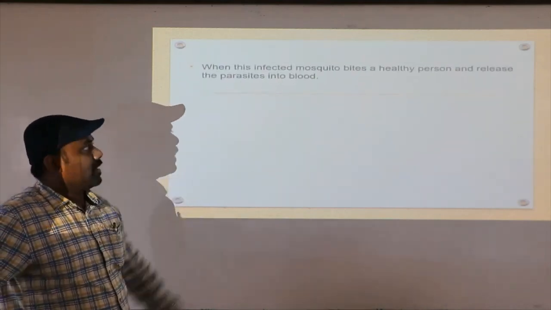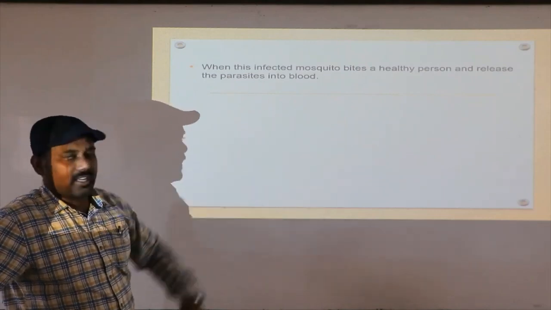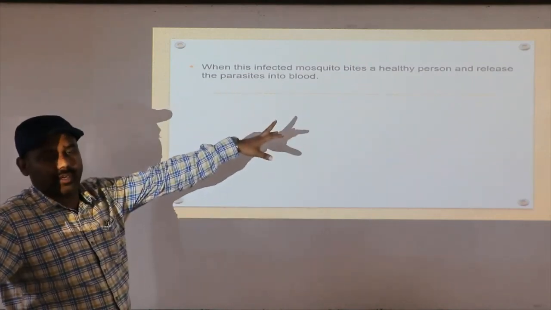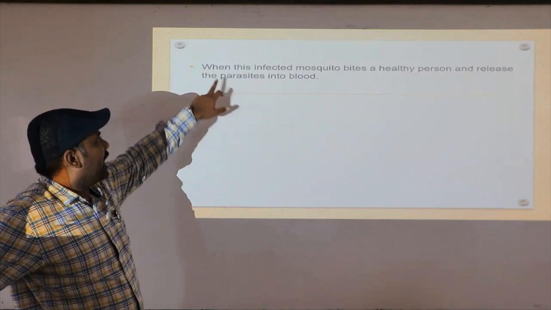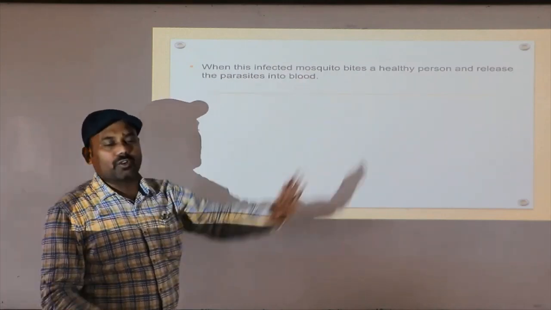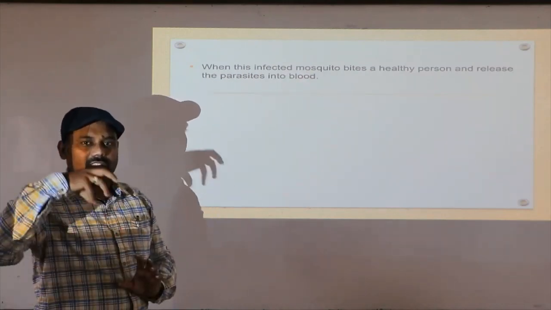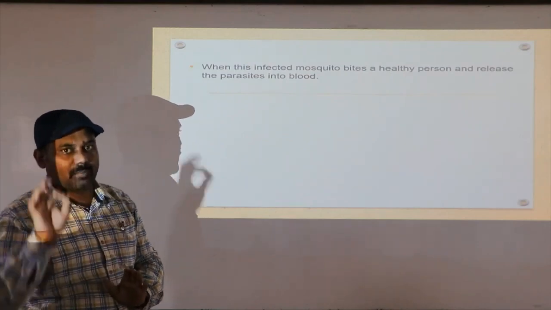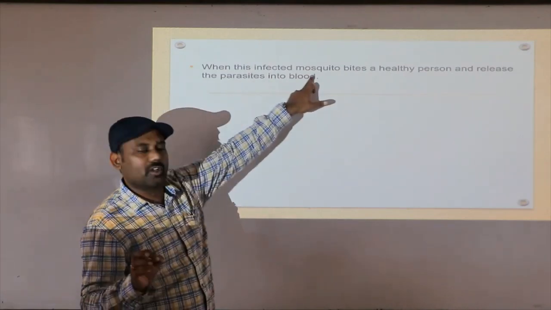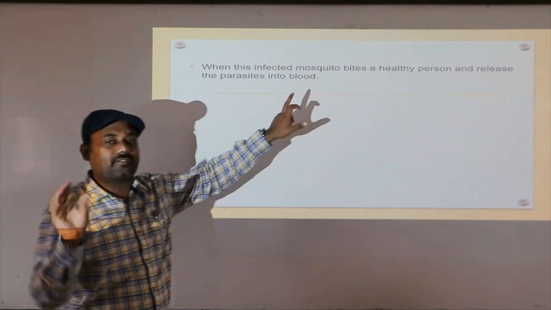Next, when this infected mosquito bites a healthy person, it releases the parasites into the blood. A small thing to remember: the word infected mosquito means that the mosquito is not suffering from malaria.